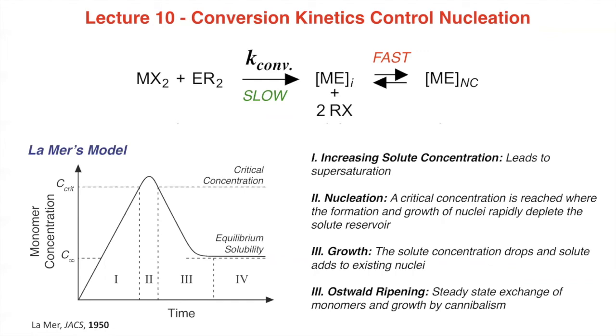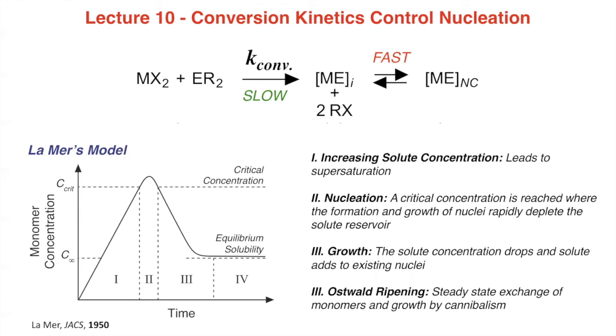And he used this picture here to talk about the various stages of crystal growth. And so stage 1 is where the solute concentration actually increases with time. Perhaps in the case of our nanocrystal forming reactions, the solutes are produced by converting the starting materials into solute, and the slope of this line, the increase in the concentration, is dictated by those conversion kinetics.